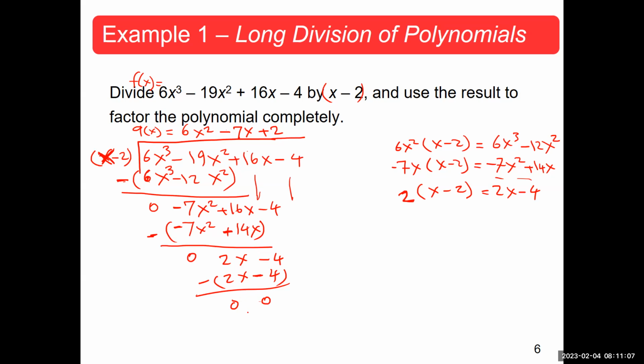That's nice. This last number is telling me there is no remainder of the dividing.